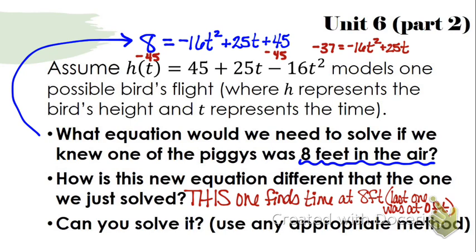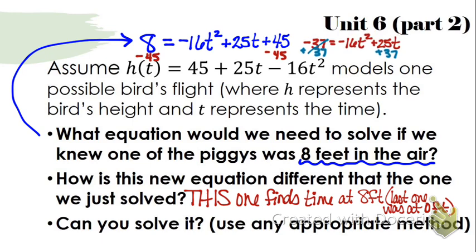Yes, Tristan? Yeah, you can take out a greatest common factor. No, you could just set it, okay, add the 37 back to the other side. I like your thinking.